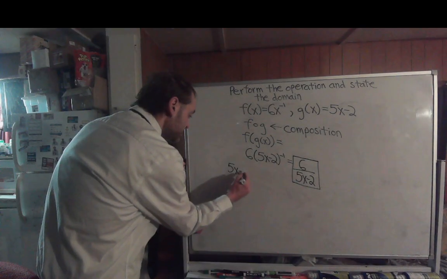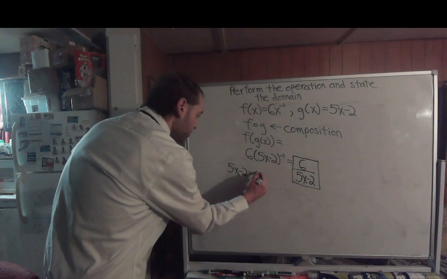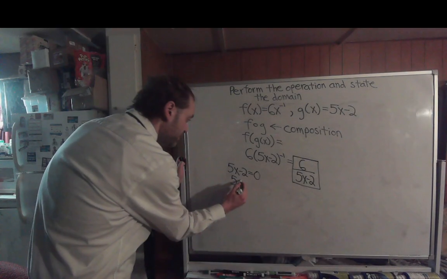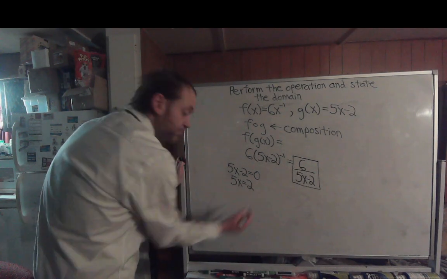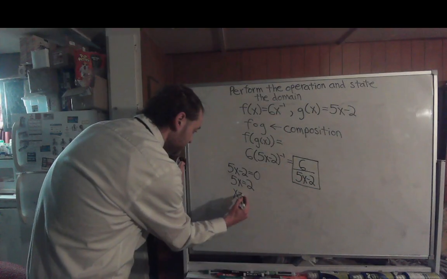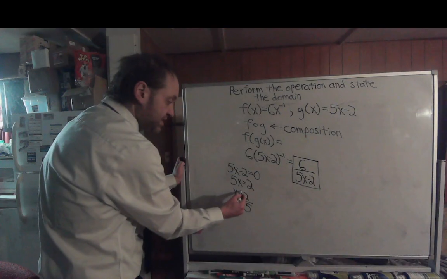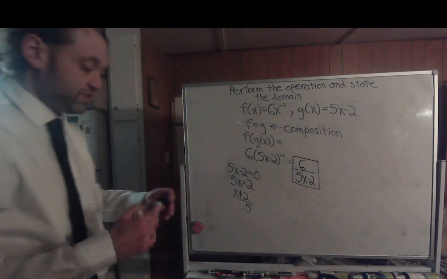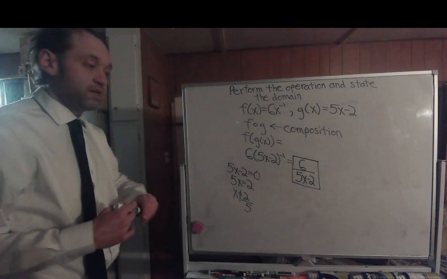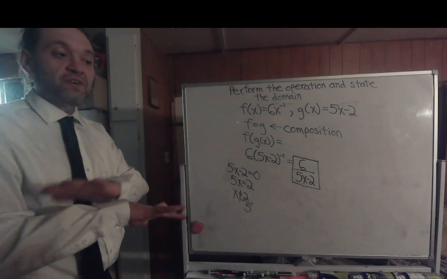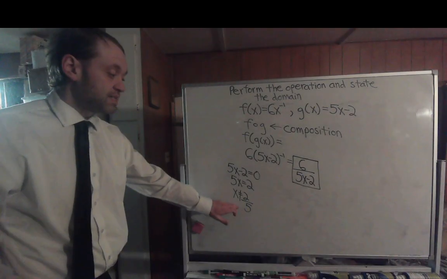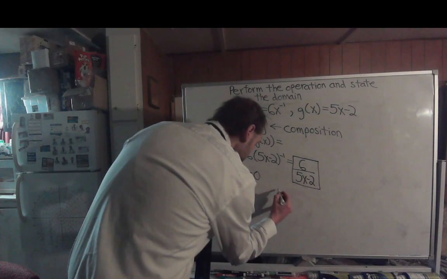So 5x minus 2 equals 0 will give you 5x equals 2, which would mean x equals 2/5. So in other words, x cannot equal 2/5. That's where the function will be undefined. It's defined for any other real number except x equals 2/5.